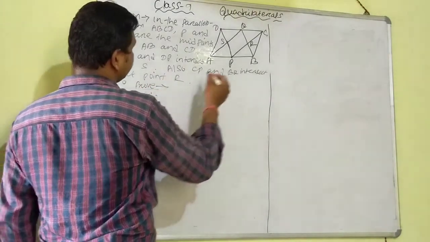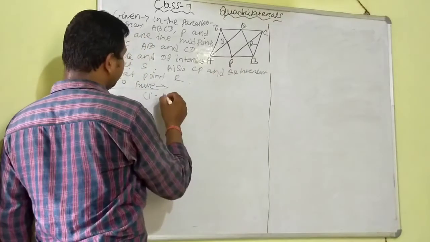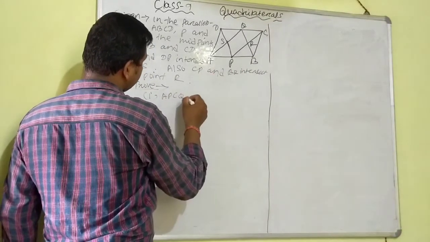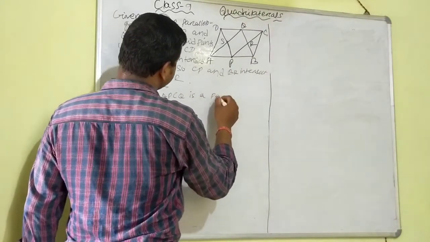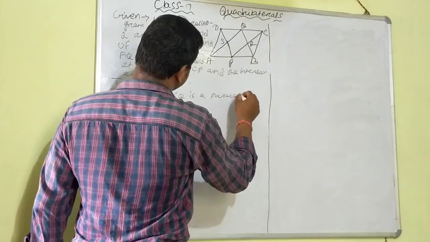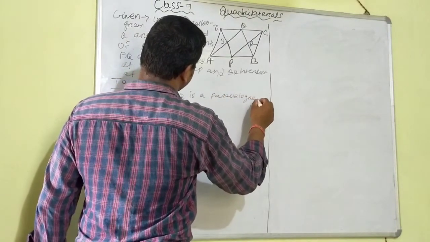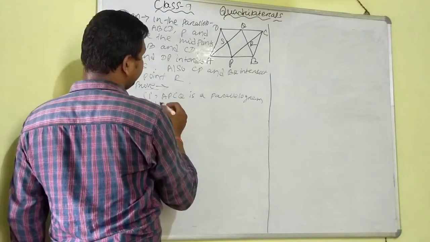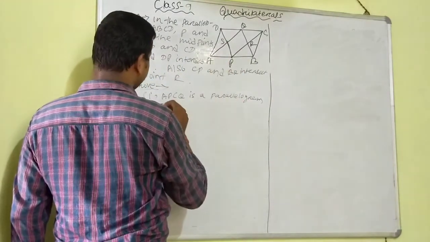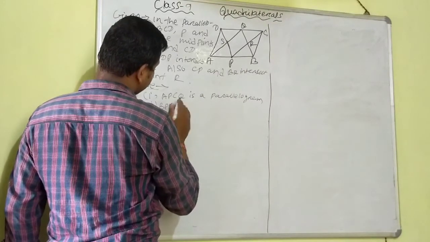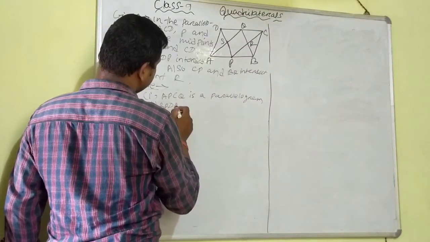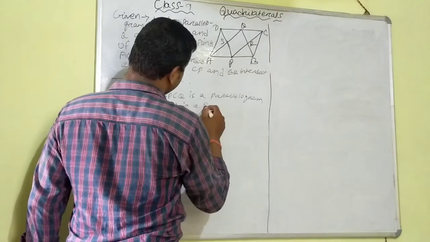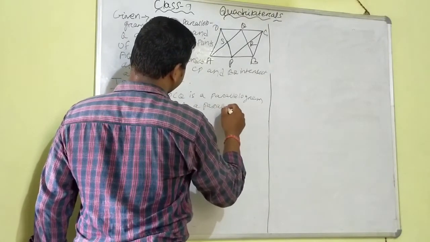Point 1, APCQ is a parallelogram. Second point, BPDQ is a parallelogram.